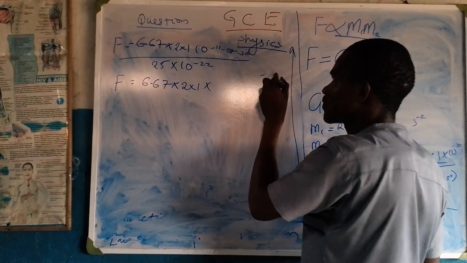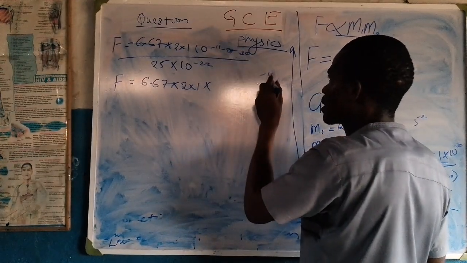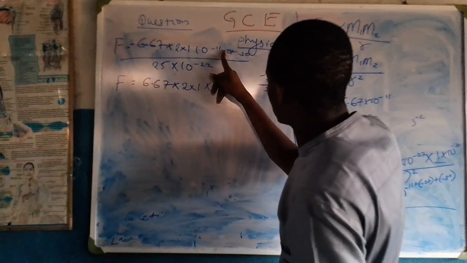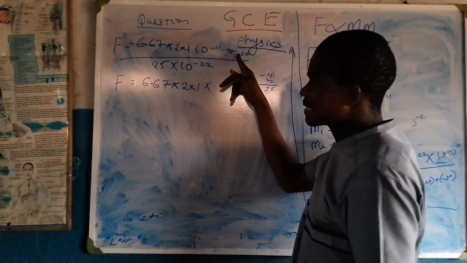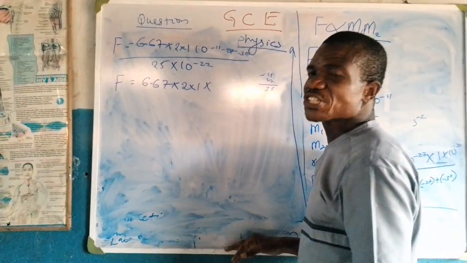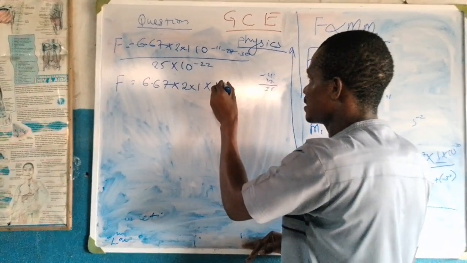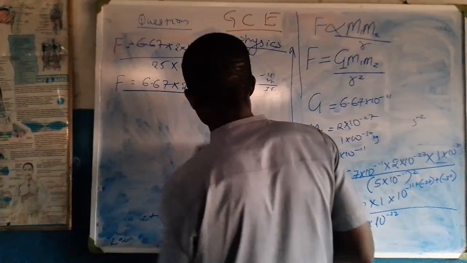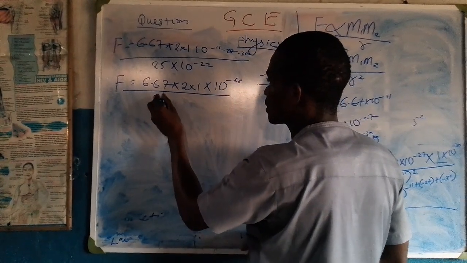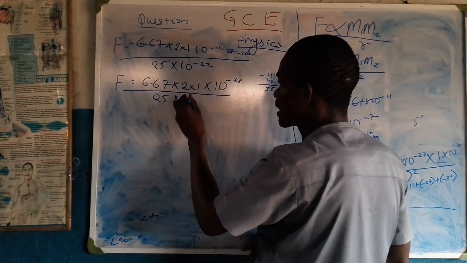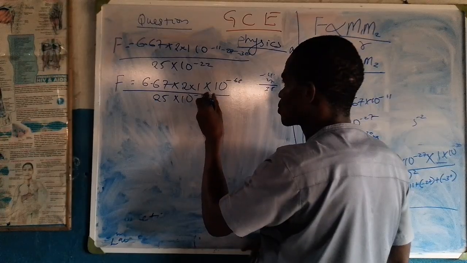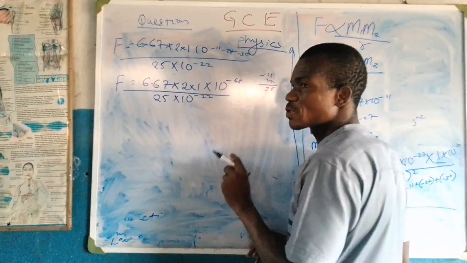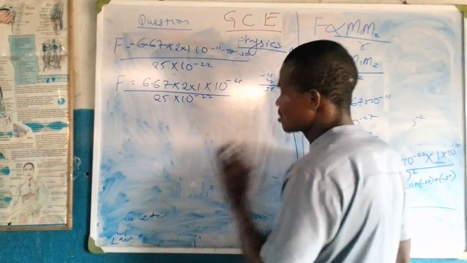Then minus 38 minus 30, I'm going to have minus 68, so 10 raised to the power minus 68 divided by 25 times 10 raised to the power minus 22. Bring it to the laws of indices. Division means subtraction.